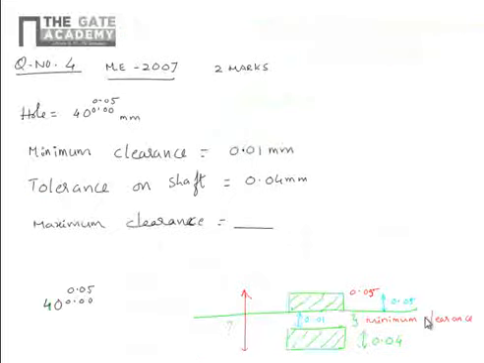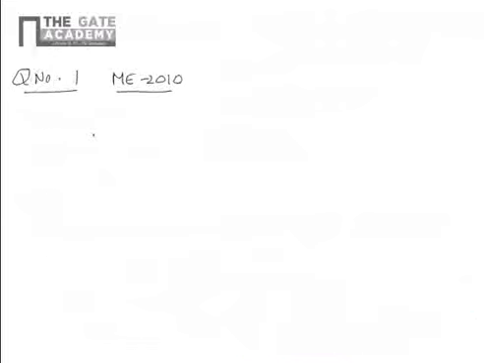Question number 1. GATE 2010, 2 marks question. The question he has given is, a shaft has a dimension of 35 minus 0.09 minus 0.025.